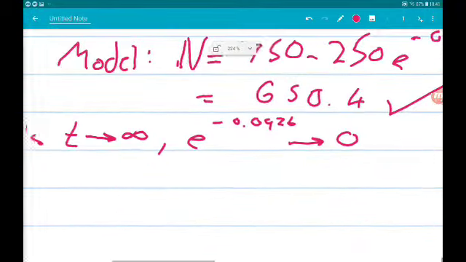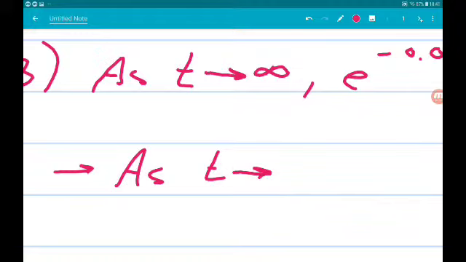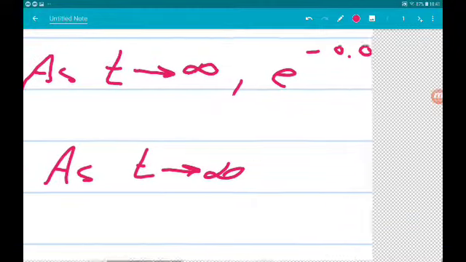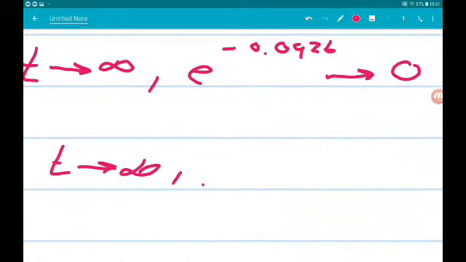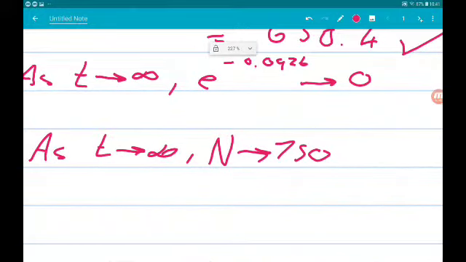So that means as t tends to infinity, n tends to 750, because the 250e term is tending to 0. Now that fits with what is known, so there are our three things.